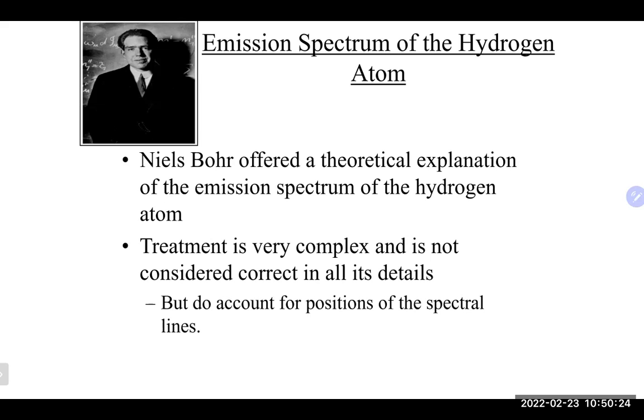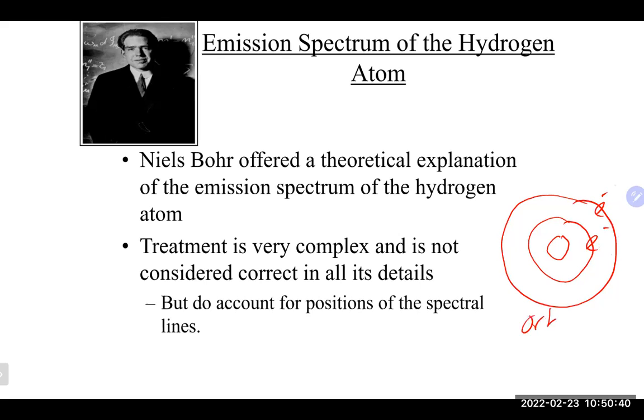Bohr's model is obviously very complicated. We're not going to go into great detail about it, but the idea of Bohr's model is a planetary model where he envisions we have the nucleus and we have these electrons basically traveling around in orbits, which, as talked about previously, is not really correct in the end, but the idea is that we have these nice pretty circles around the nucleus.